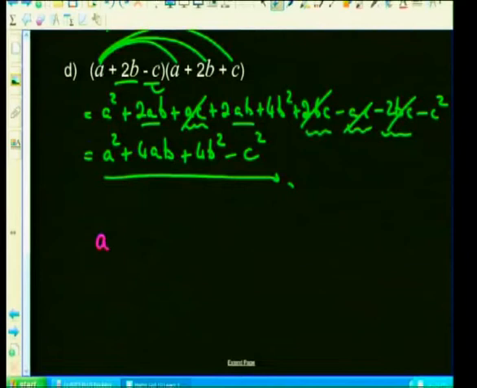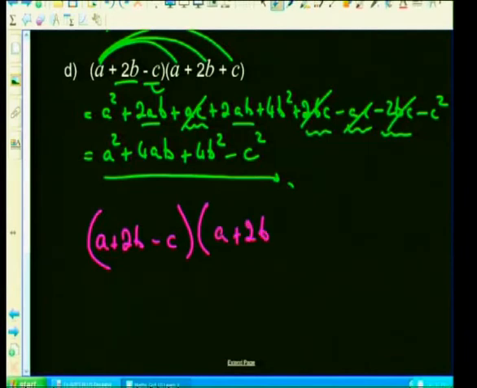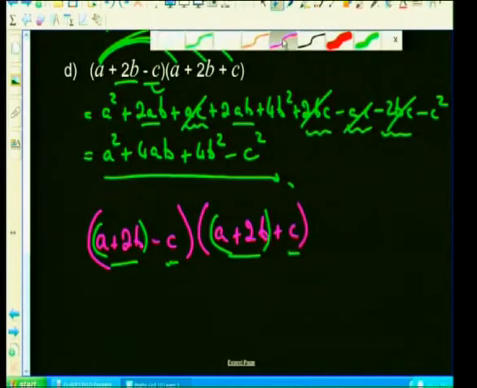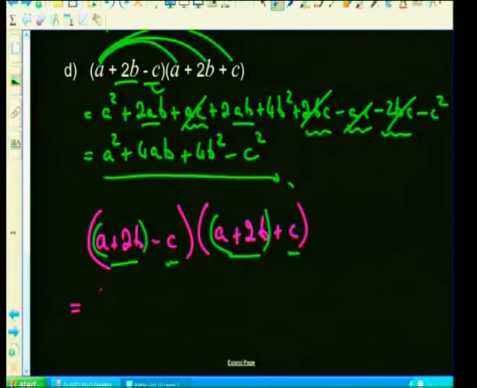Right, I'm going to write this question out again, and then I'm going to insert some brackets within the brackets that exist. And what I'm going to show you is if I group those two together and those two together, that and that are exactly the same. That bit and that bit are exactly the same. And I've got the difference of 2 squares. So I could take my first bracket squared and subtract c squared.